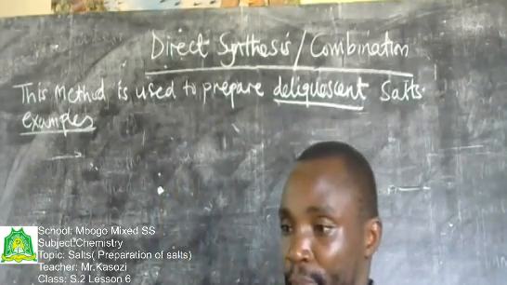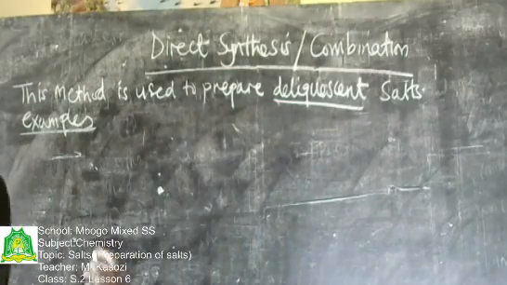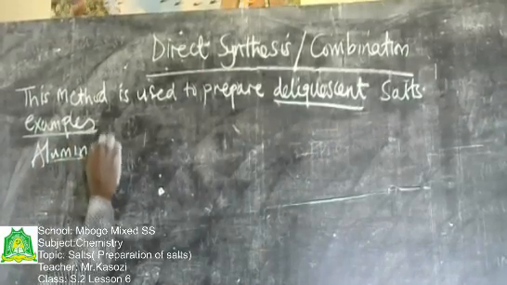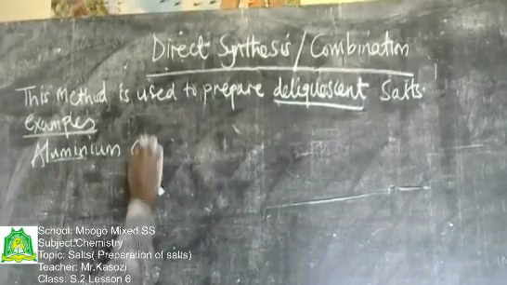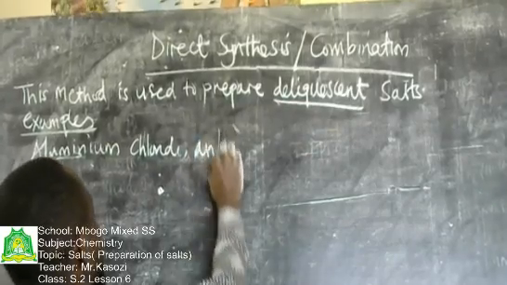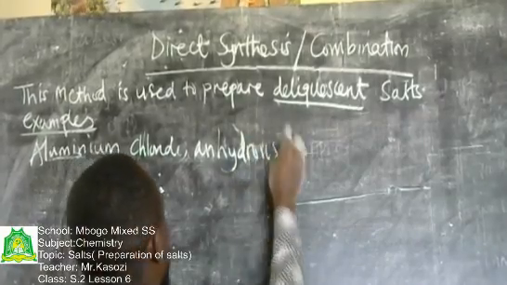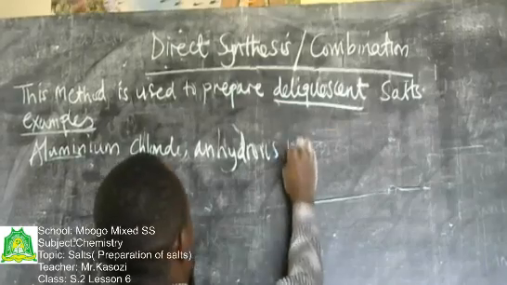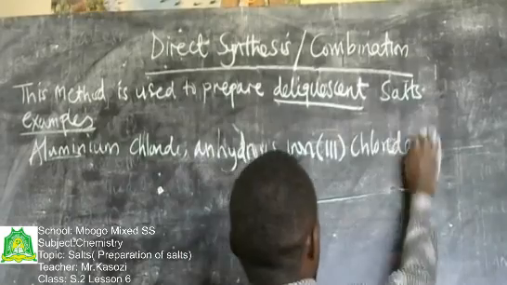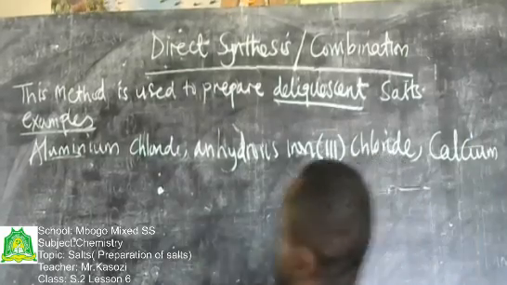Examples of such salts prepared include, you can have aluminium chloride, anhydrous iron chloride, calcium chloride.